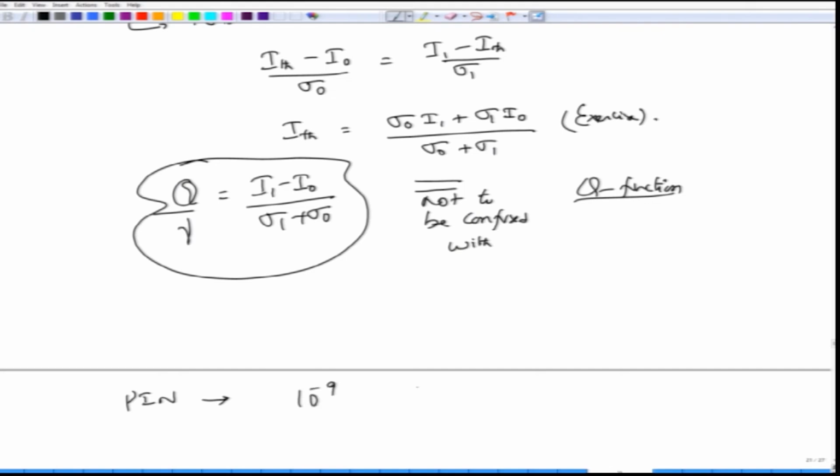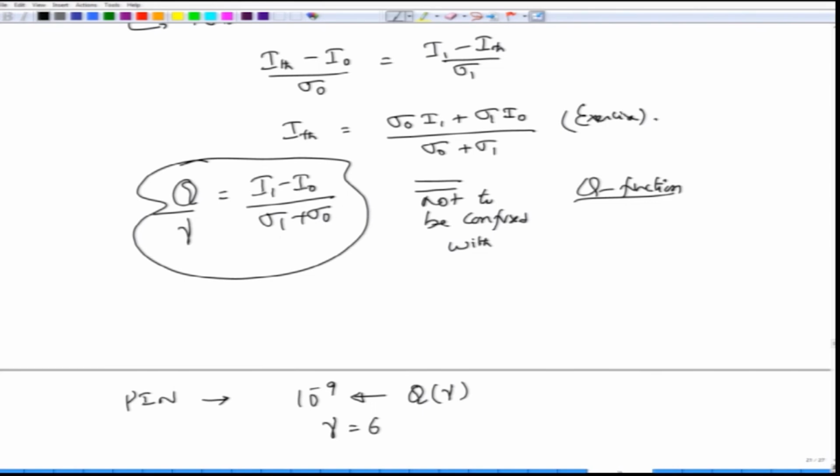This means that in the expression for the probability of error, after you have chosen the optimum value of the threshold correctly, you need to have a certain value of gamma such that Q of gamma is the bit error rate, or the probability of error. And whatever gamma you choose, this gamma should be around 6 dB for the case where you are considering 10 to the power minus 9 bit error. And this gamma is the one that goes into this particular expression.